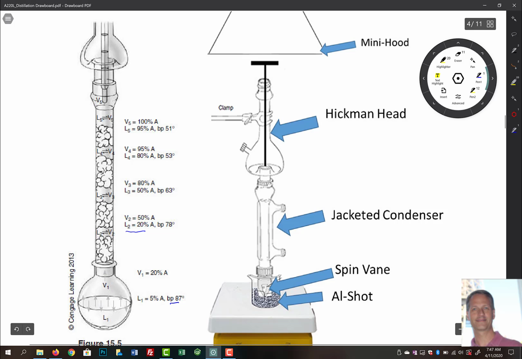So another set of hot vapor comes off, and it causes the liquid at this position to vaporize, which comes up here and causes that 50% liquid composition of A to vaporize. And the vapor that comes off of that is 80%. It travels up and condenses here, at our third step, really. And then it has a lower boiling point. And when it vaporizes, it comes off as 95%, and so on and so forth as it comes up that column.